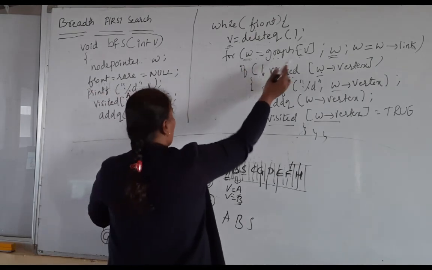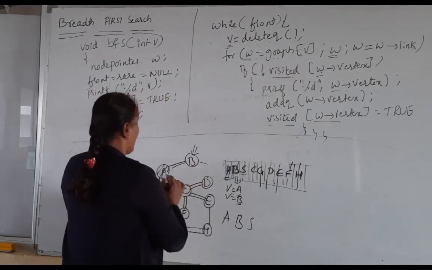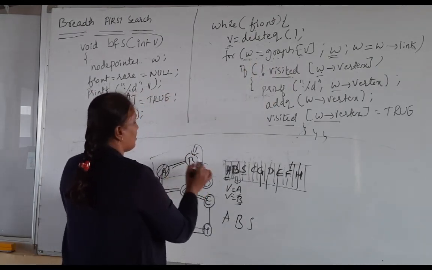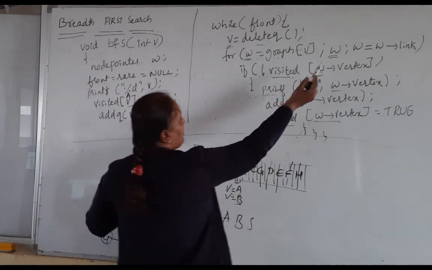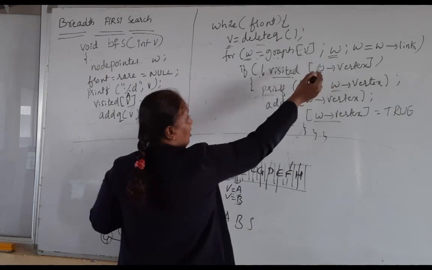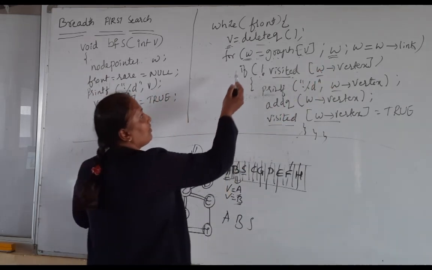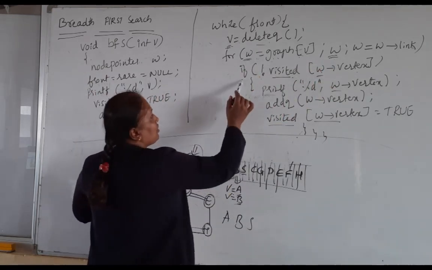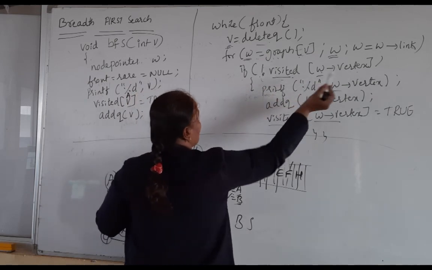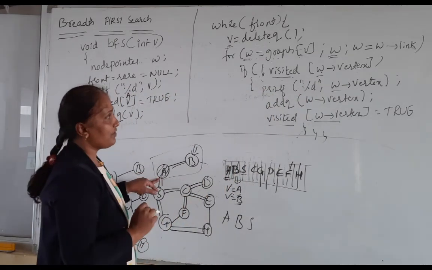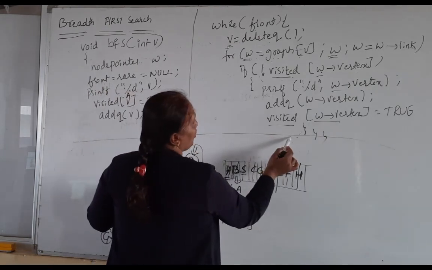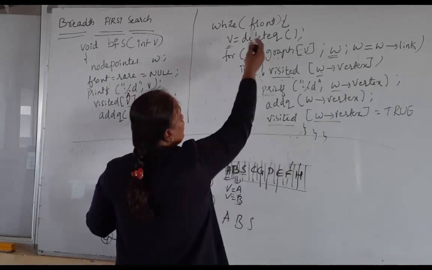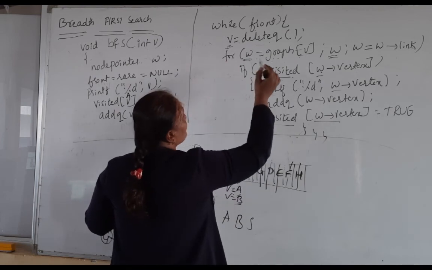So B's neighbor is A. You repeat this until you visit all the unvisited vertices of W. If not visited W vertex, but its status is already visited, so you directly come out of this for loop.